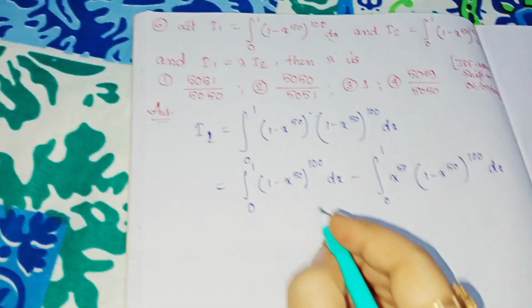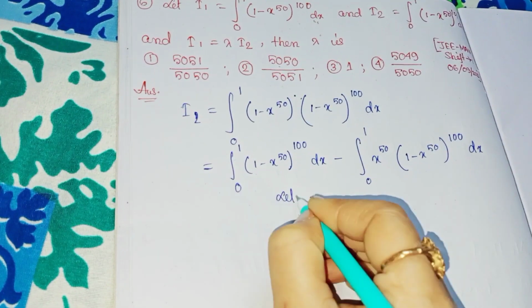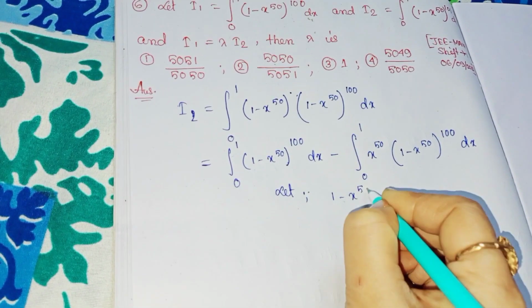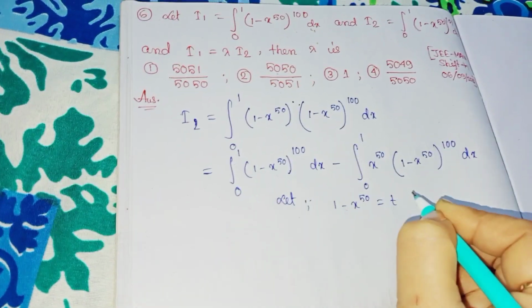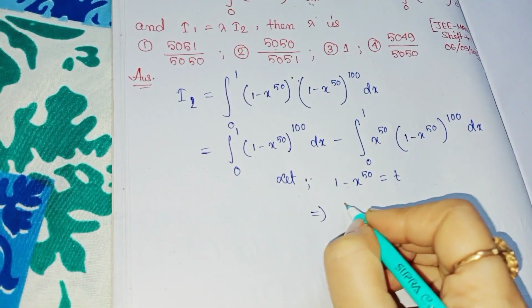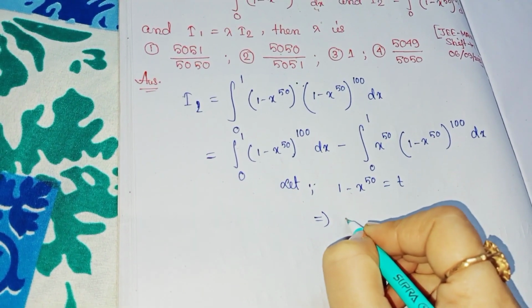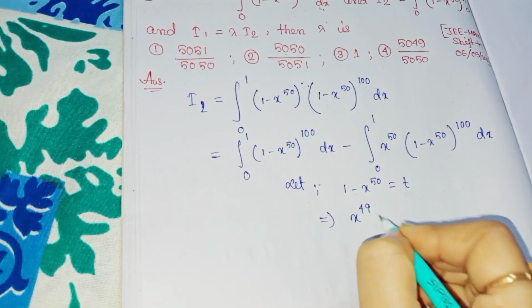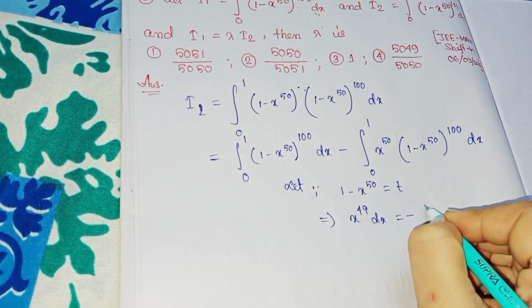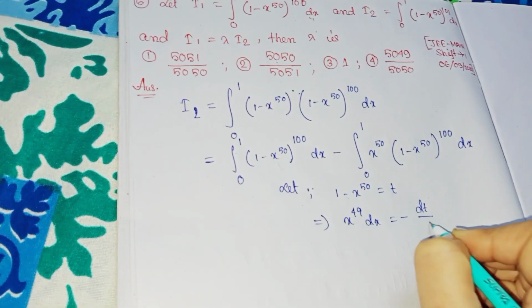So let 1 minus x to the power 50 is equal to t. Now differentiating this, we get x to the power 49 dx is equal to minus dt by 50.